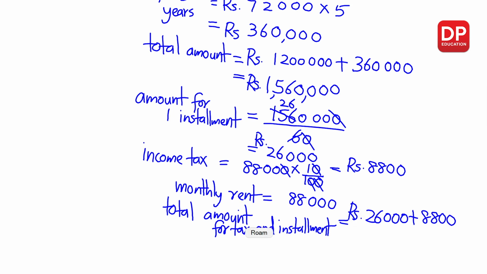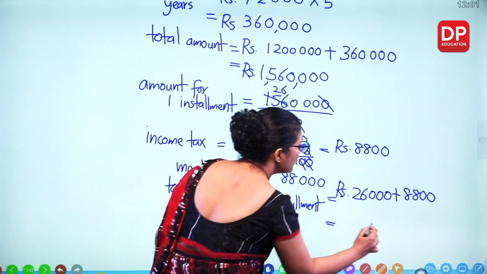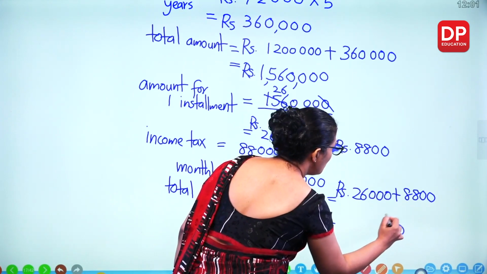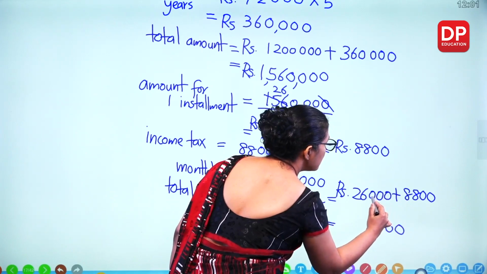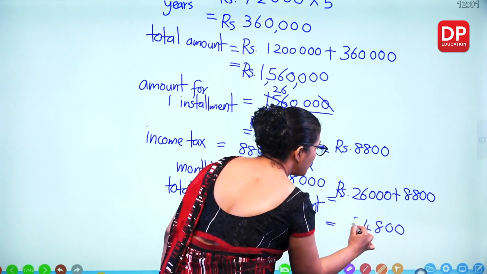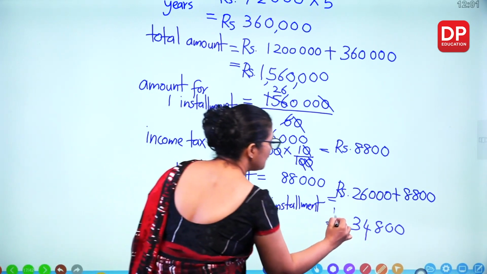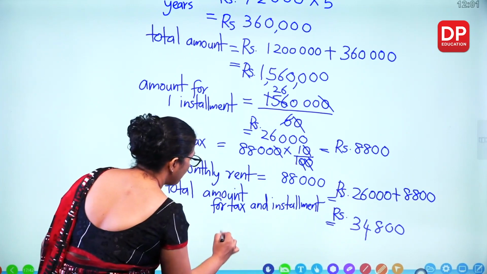And you can subtract from 88,000 and see. So what's the value? 1, 2, 8 is there. This is 8 plus 6, 14, 1 remaining, 34,800. So what's the income?